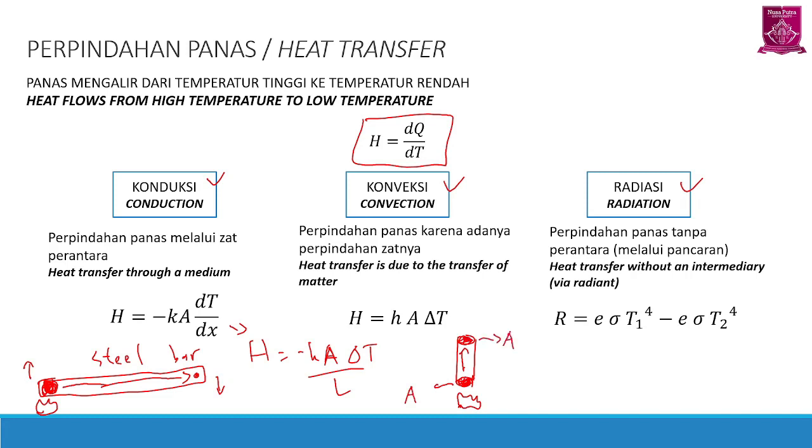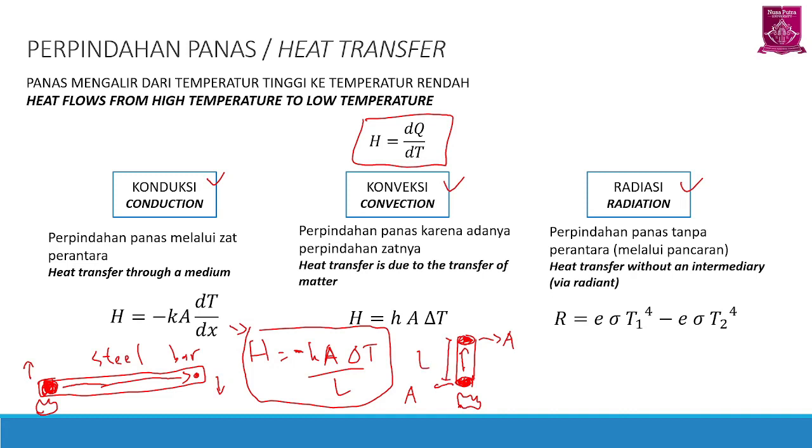This is A, the surface area. As long as the area of the object is constant, with no change in surface area, we can use this simple formula. So this is the surface area, and this is L, the length.